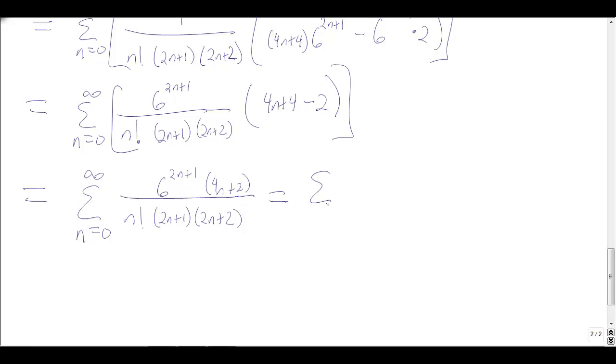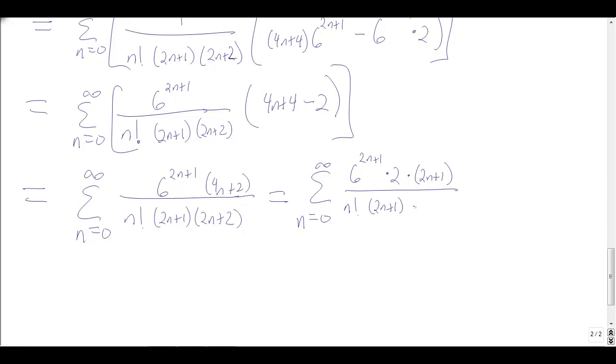Okay, so now things are going to start getting a lot nicer here real quick. I'm going to do n equals 0 to infinity, 6 to the 2n plus 1. I can factor a 2 out of the 4n plus 2. So that's 2 times 2n plus 1. On the bottom, I have an n factorial. I have a 2n plus 1. That's going to eventually cancel.